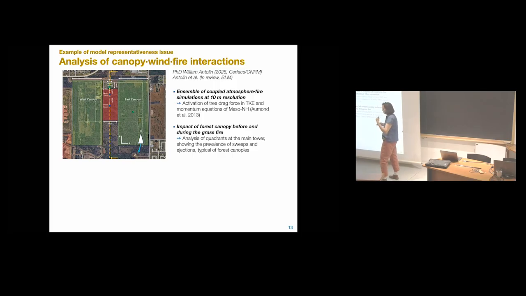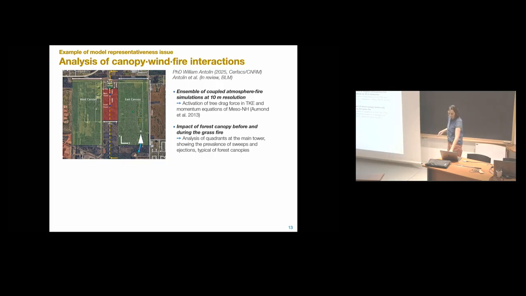So in MesoNH, you can either represent a forest as a roughness length, this is the classical way, but you could also activate some terms in the turbulent kinetic energy equation and in the momentum equation, this tree drag force, to really explicitly account for the interaction between the trees and the wind. So we were able to run this simulation and to show that this forest canopy block has an impact on the near surface wind occurring over this plot before the fire and during the fire.